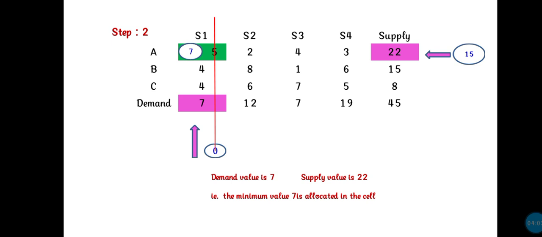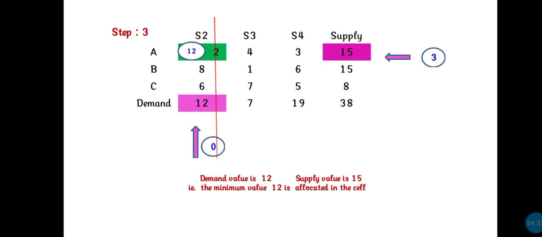In the column S1, the corresponding demand value is 0. So we have to cross out the column because that column has 0 demand. Hence we cross out that column. The same procedure we have to continue until the demand and supply are exhausted.